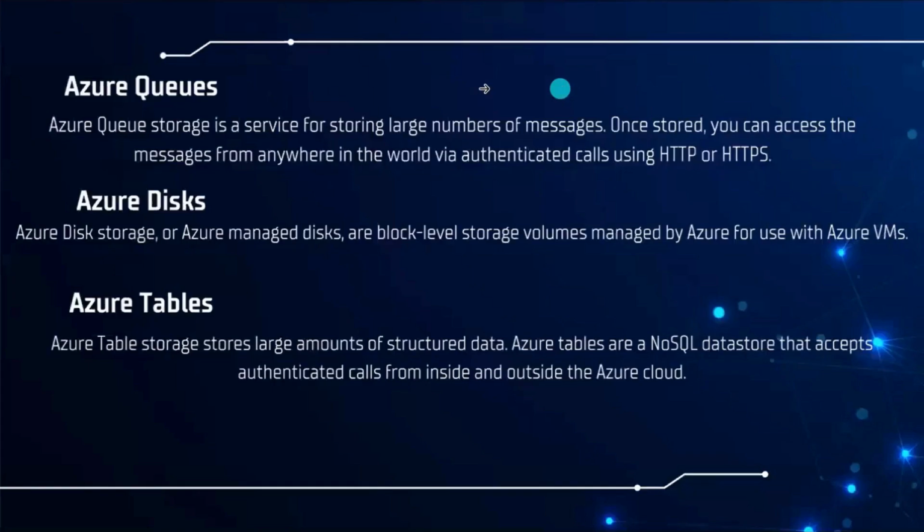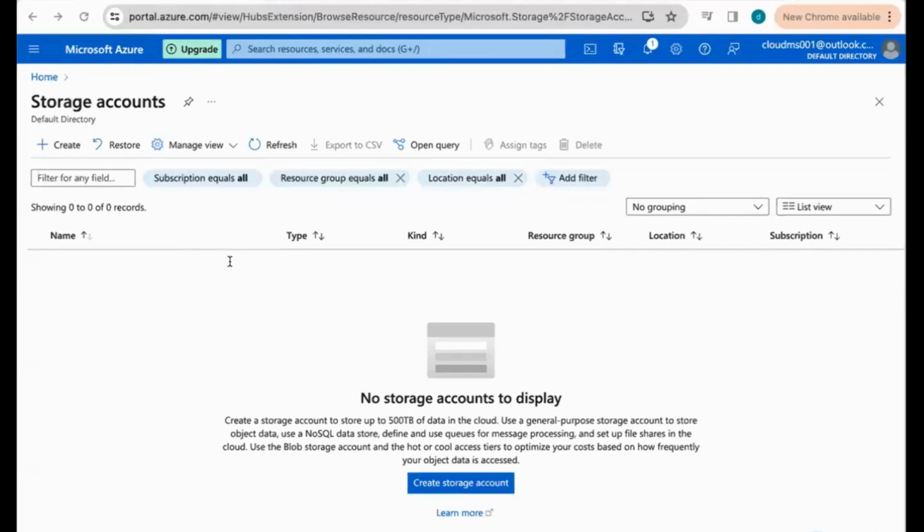Next topic is Azure Queues. Azure Queue Storage is a service for storing a large number of messages. Once stored, you can access the messages from anywhere in the world via authenticated calls using HTTP or HTTPS. A queue can contain as many messages as your storage account has room for, potentially millions.